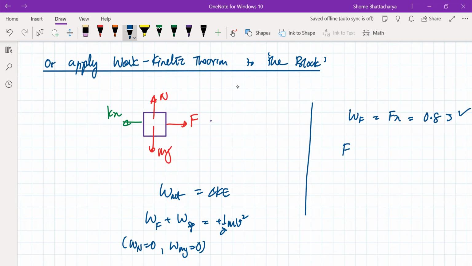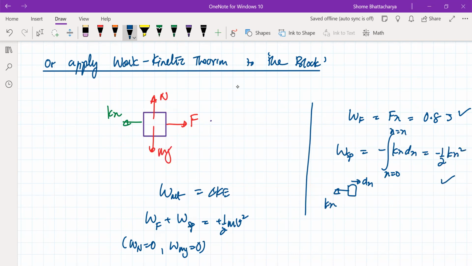Work done by the spring force, how much will that be? Half kx square, but with a negative sign, because the spring is acting in the opposite direction. As the displacement is happening in this direction, the spring force is acting in the opposite direction. So there's the minus sign from x equal to 0 to x equal to whatever the final x is. So it's minus half kx square.